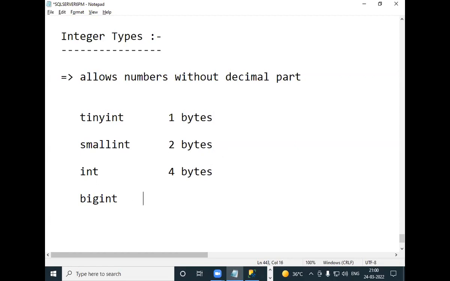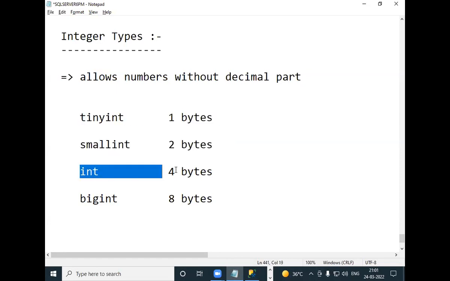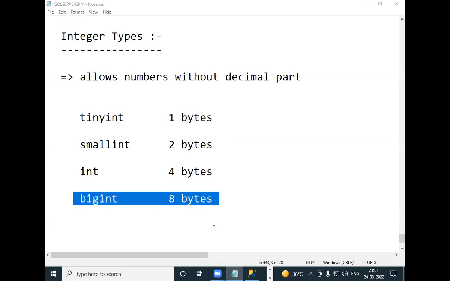Bigint takes how much memory? 8 bytes. So the first one takes 1 byte, second one takes 2 bytes, next 4 bytes, next 8 bytes.